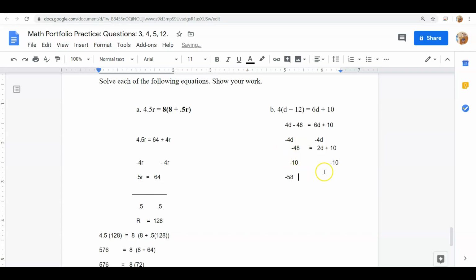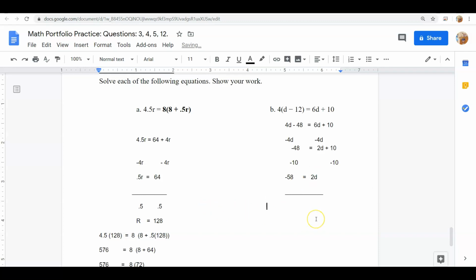So negative 58 is equal to 2d, because that drops down, plus 10, and then that plus 10 has the minus 10 attached. We eliminate it, it's 0. So we have negative 58 is equal to 2d, and same step as last time. When you have a number connected to a variable, it means multiplication. This is 2 times d, or 2 times a number.